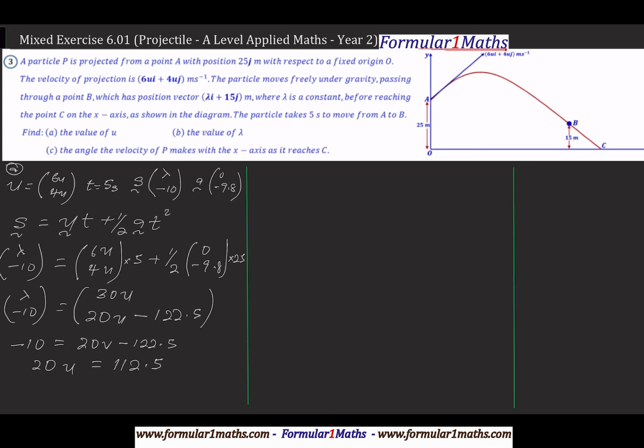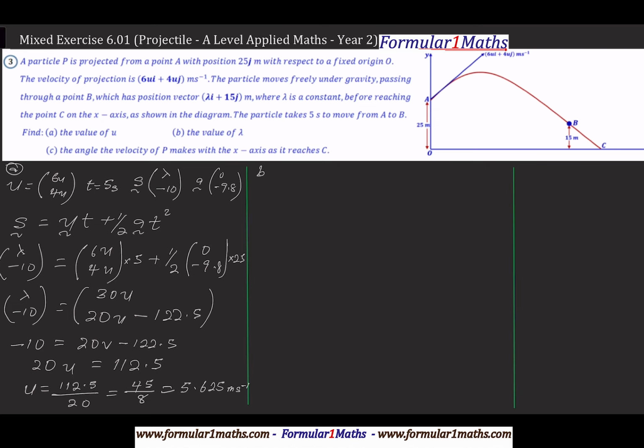And finally, solving will give u is equal to 112.5 over 20, which will be 45 over 8, and that is also 5.625 meters per second. And that's u.